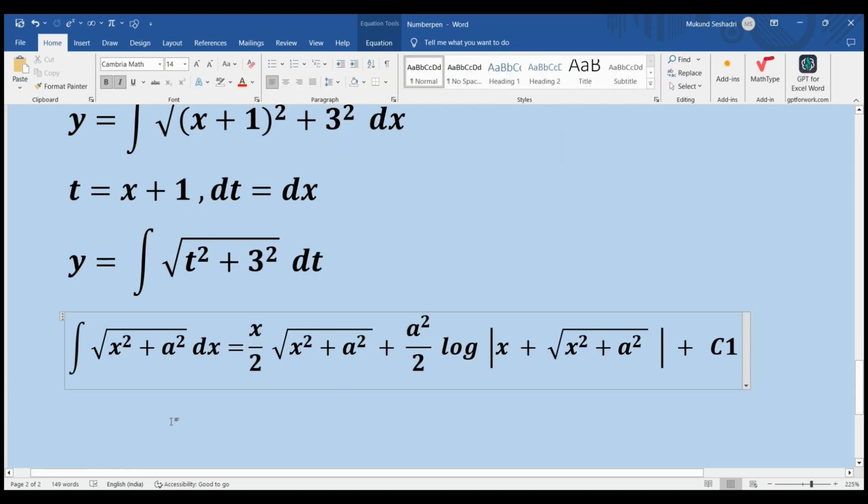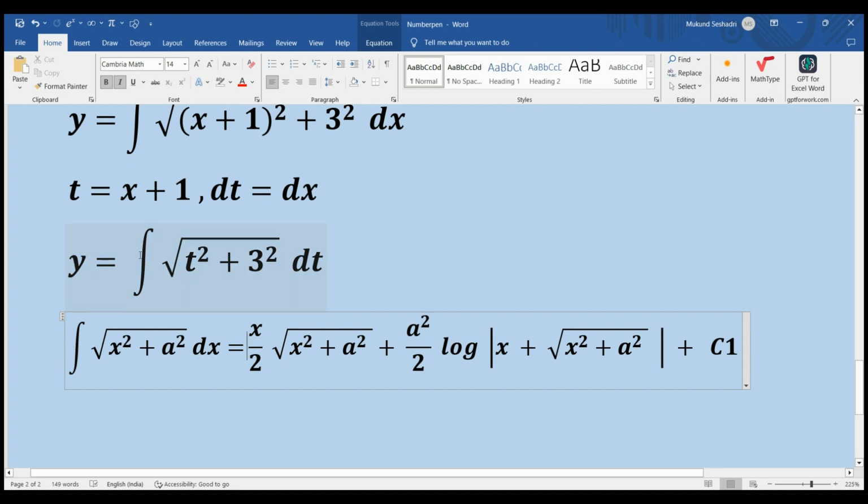So that's the formula I have for integral of square root of x square plus a square times dx, right? Now if I draw a parallel to the y term what we have, we can quickly arrive at our answer for y. Why? Because our a is nothing but 3 and our x is nothing but a t out here, right? If I compare it with the formula what I have written on the screen, right?